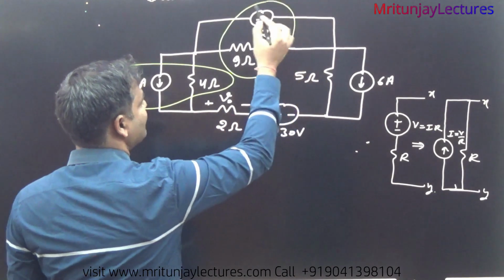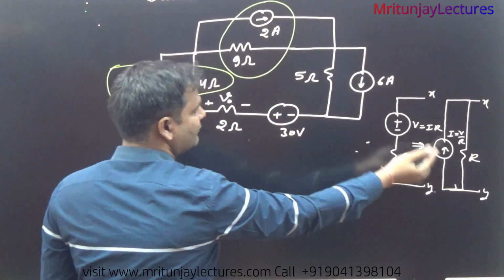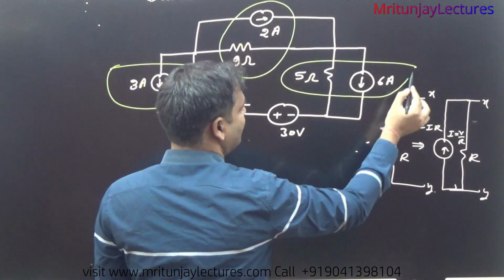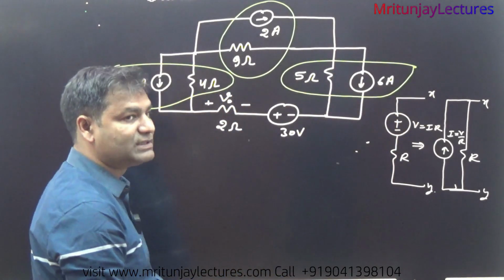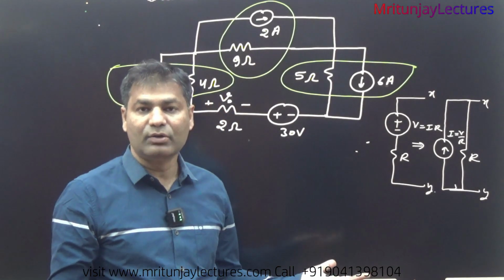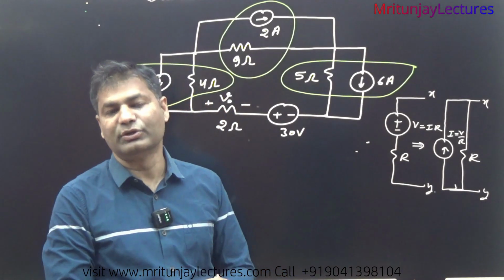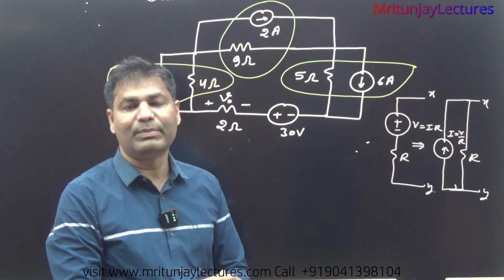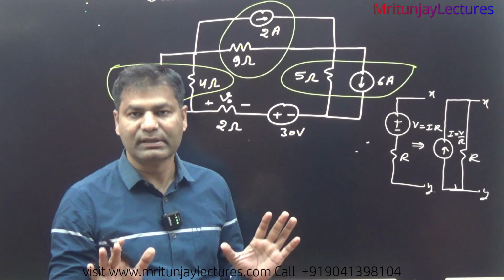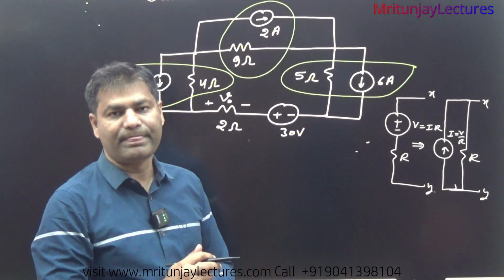These two also like that, convert into a voltage source. After that these two are also converted into a voltage source. Okay, these three are converted to voltage sources. After that, apply KVL, then determine V naught. Okay, very simple. So how can we apply?